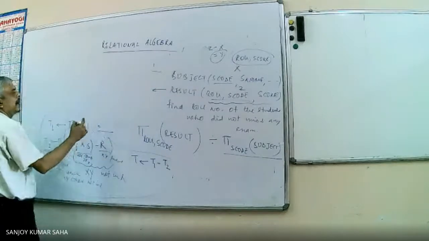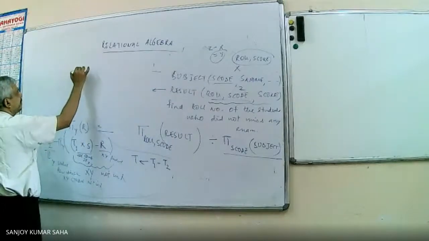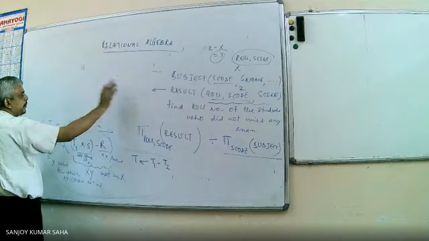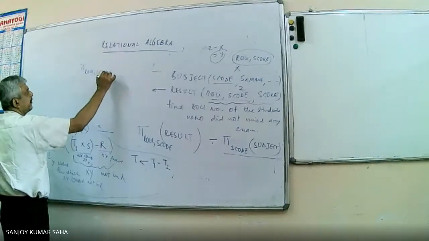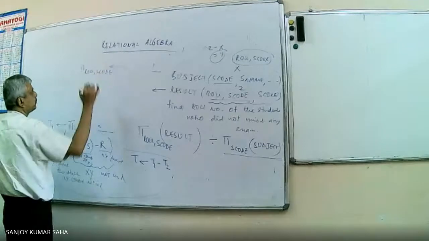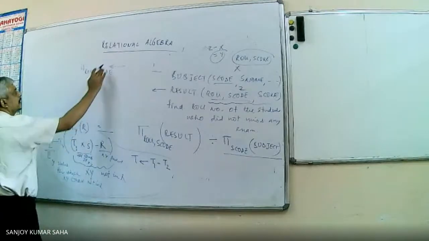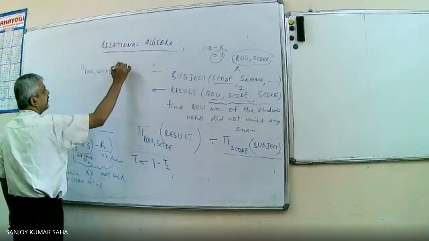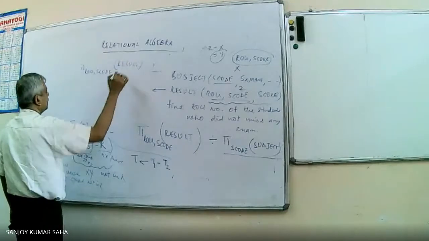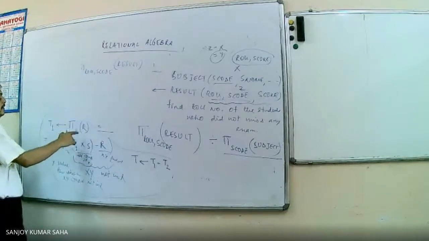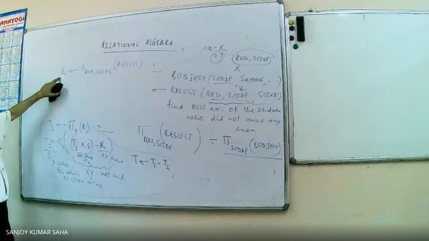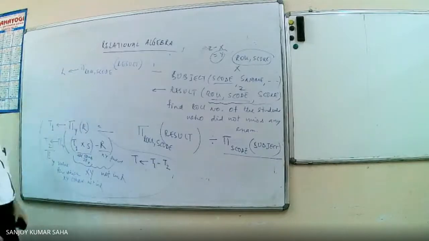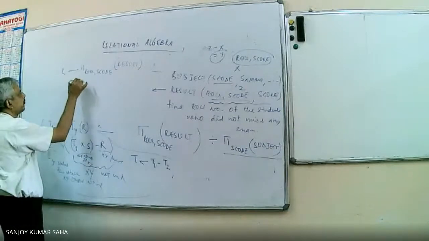first of all, I don't need every piece of information of result, so I am taking only what is required for this particular case, as I will be requiring only pi roll, S code from result. Say this is my R, and putting this into R. So basically R is having roll and S code from the result, as I don't require the score.